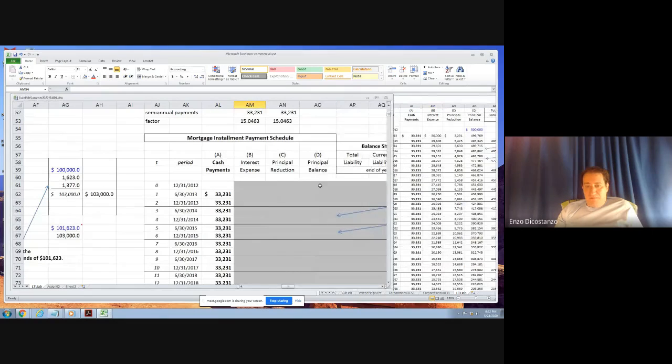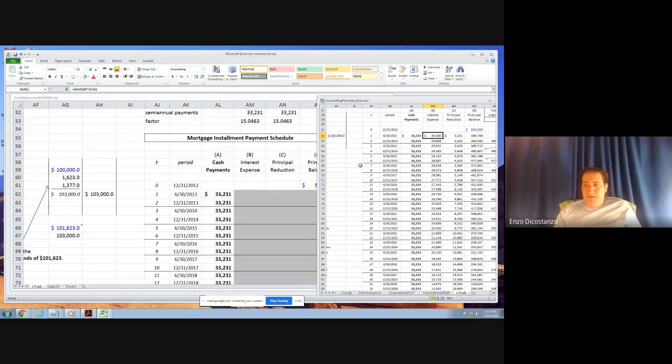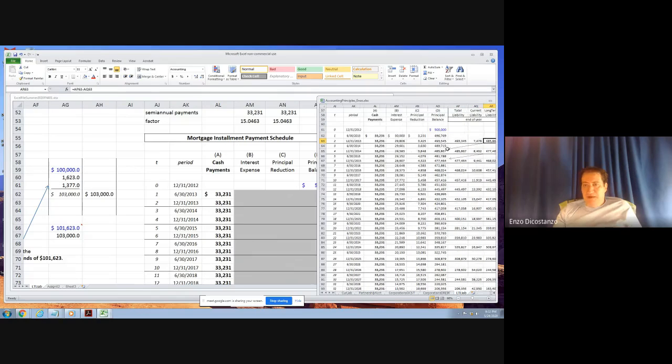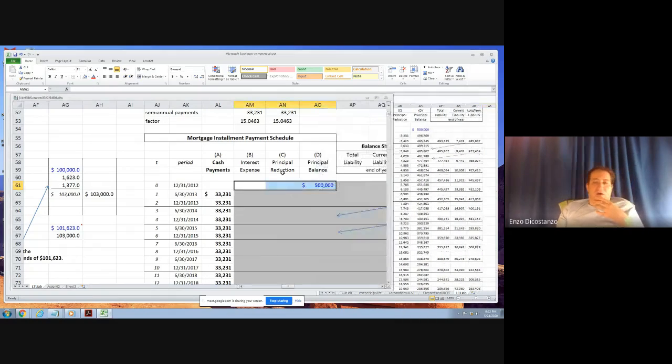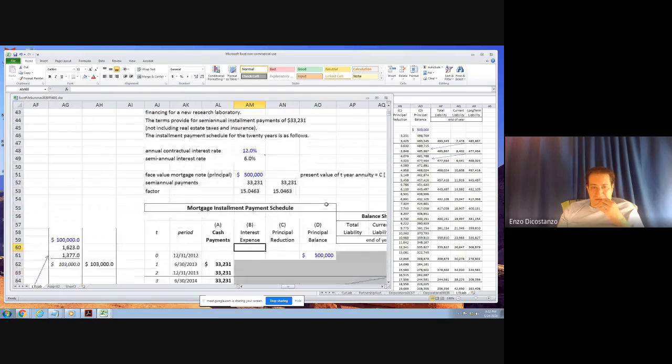Okay, the initial balance. The company received its loan on the 31st. So I guess it was a happy new year for those guys, right? They received their loan on that date. There's a couple of things going on here. I'm going to show you on the balance sheet how all this happens.